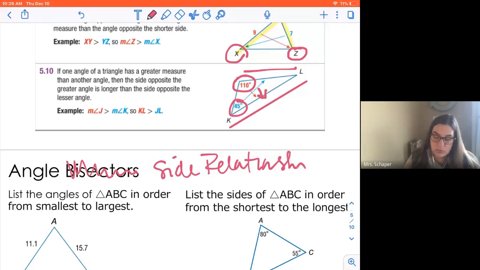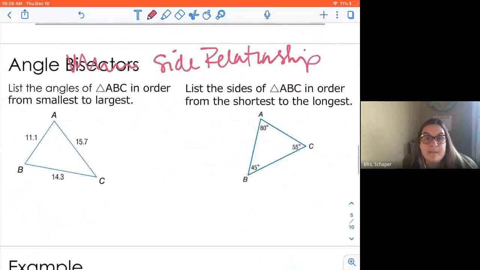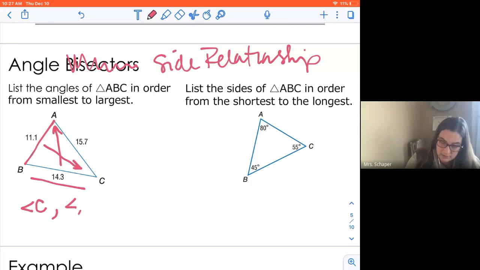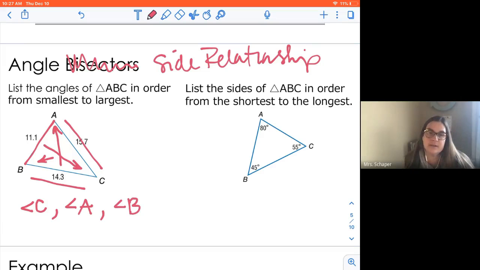So we're going to list all the angles of ABC in order from smallest to largest. We're talking angles. So the smallest side is AB, and the angle opposite is the smallest. Then the next shortest side is 14.3, so the angle opposite it is angle A. And then my largest side is 15.7, so angle B is going to be the largest.